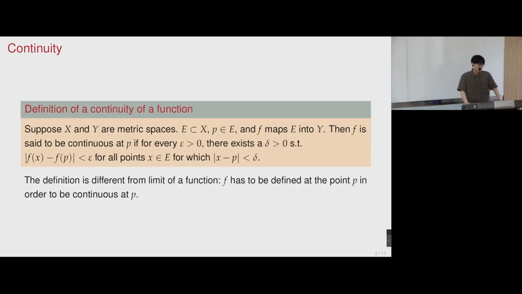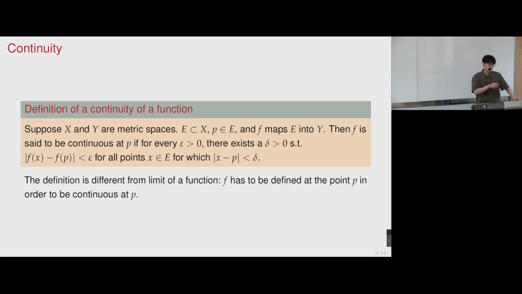Related to the definition of limit, there comes the definition of continuity, which is very similar to limit, but a little bit different. You can see how it goes. Since a function is basically a bridge or mapping between two metric spaces, we need to define metric spaces first.